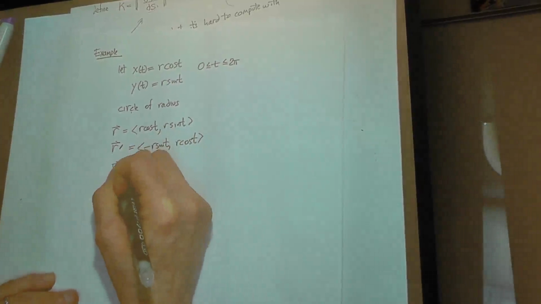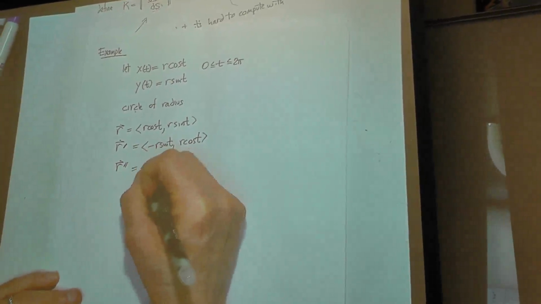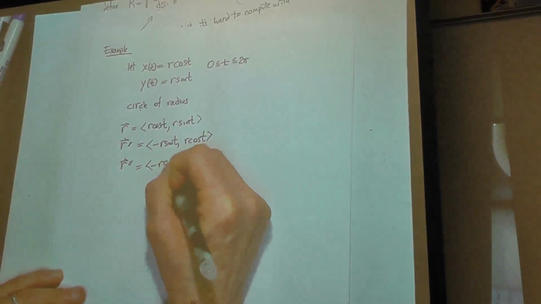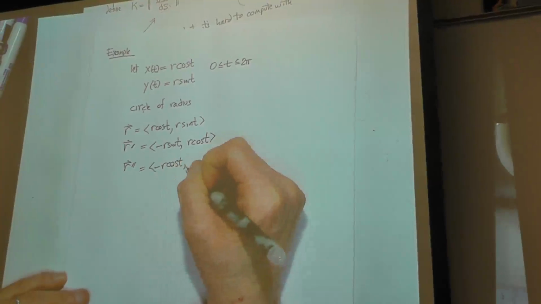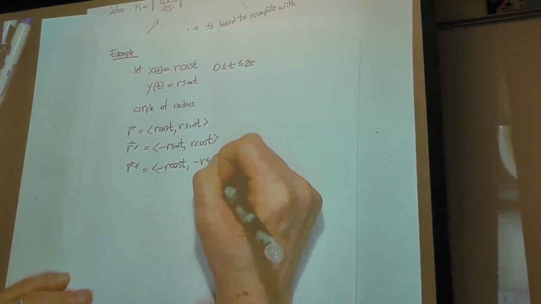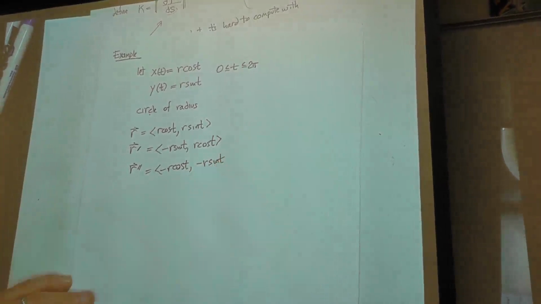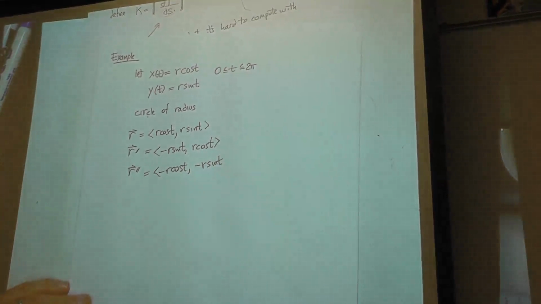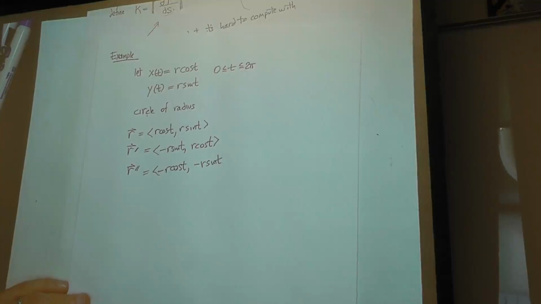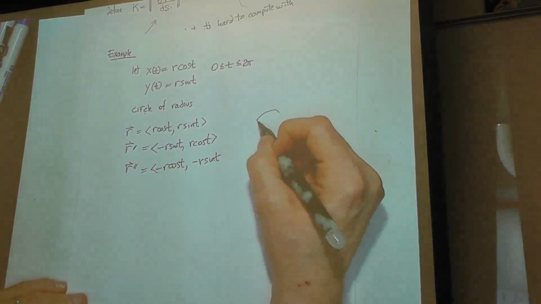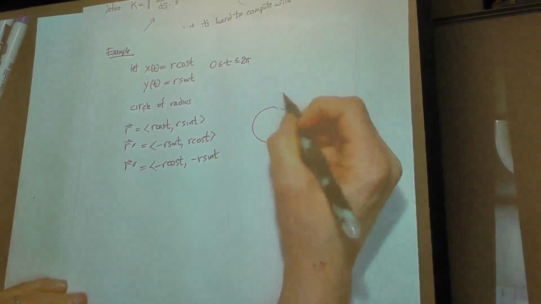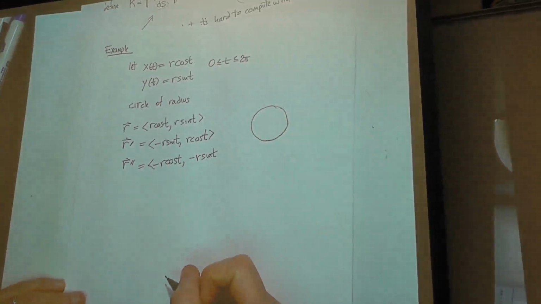And r double prime is minus r cosine of t, minus r sine of t. This is motion around a circle with constant speed.